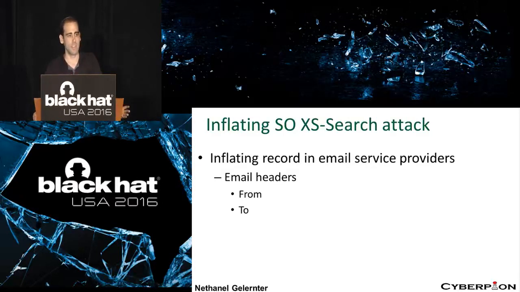So I could just send an email, for example, with a from field which contains a half a megabyte string, which is very significant. And the from field specifically is reflected in the search responses. So to create an inflating record in email services, I just sent an email with a very long from field, half a megabyte, for example.